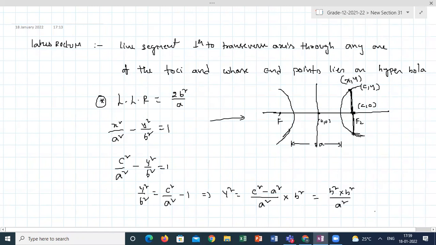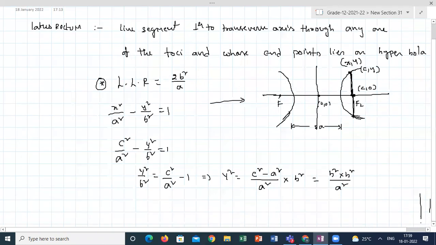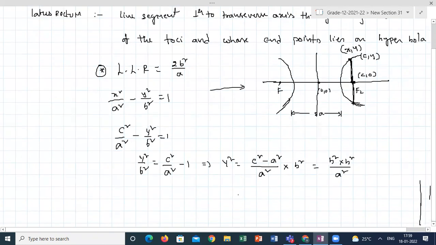Sir, shouldn't it be plus, sir? So y is equal to b square by a. Sir, it should be c square b square upon a square minus b square.